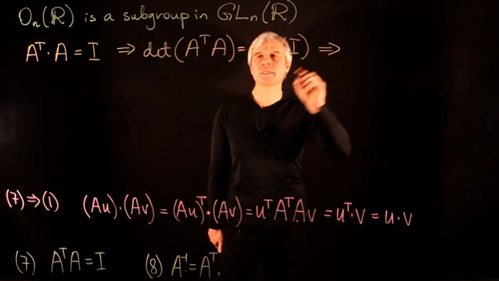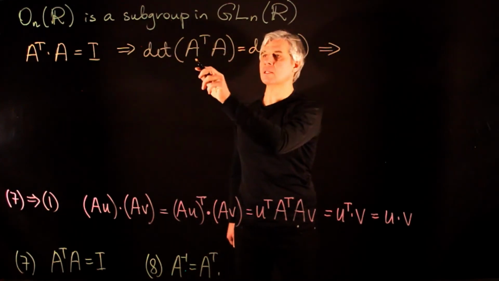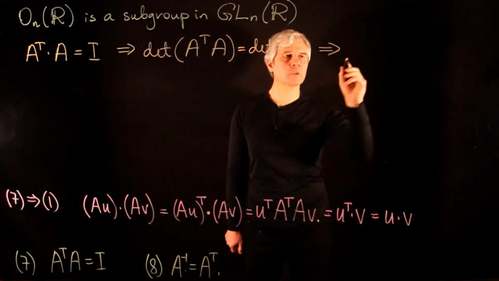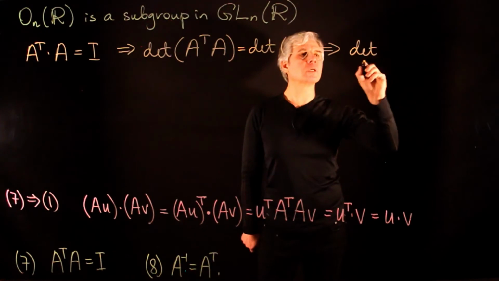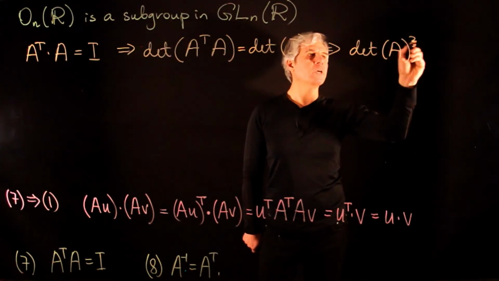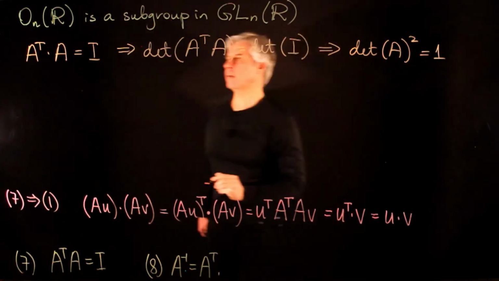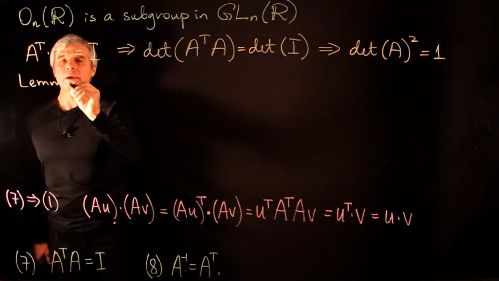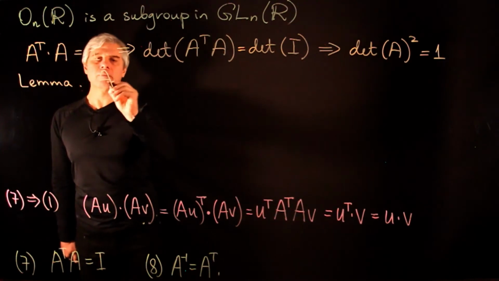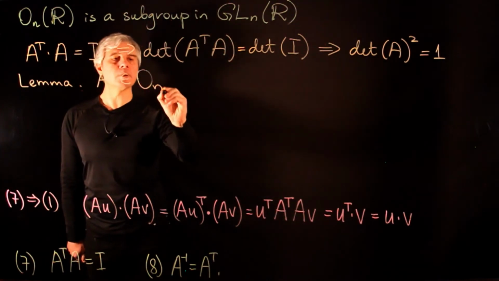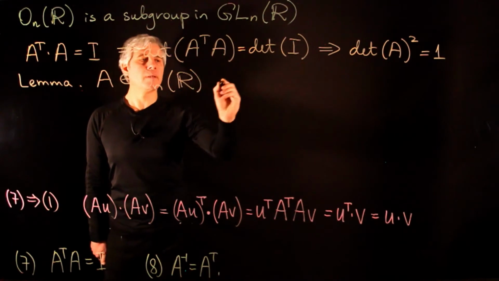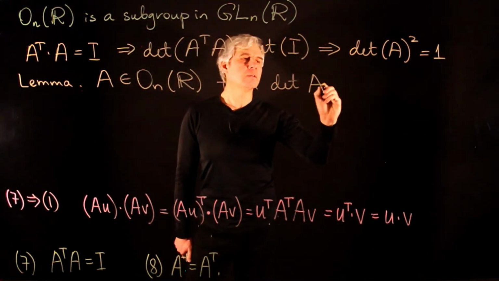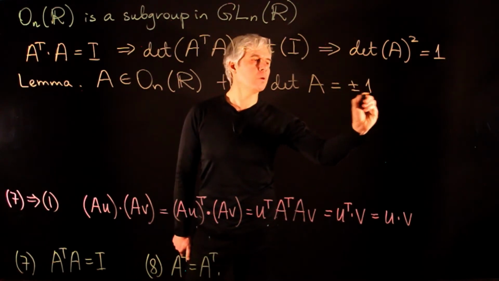And this implies, because determinant of A is equal to determinant of A transpose, and determinant of a product is the product of determinants, that determinant of A squared is equal to 1, and thus we get a lemma that says that if A belongs to the orthogonal group, then determinant of A is either +1 or -1.